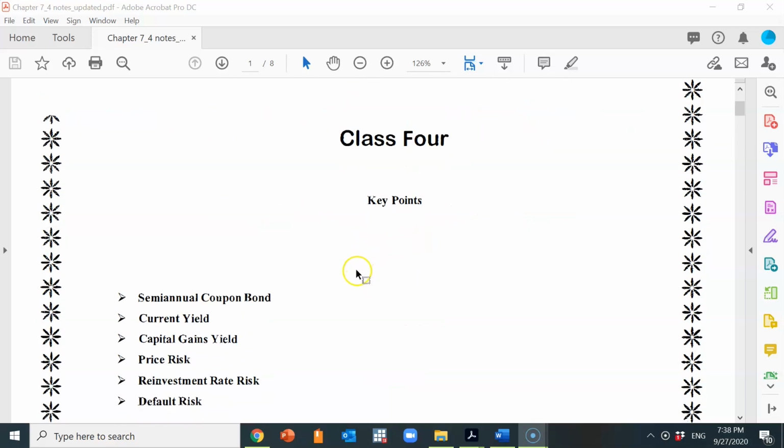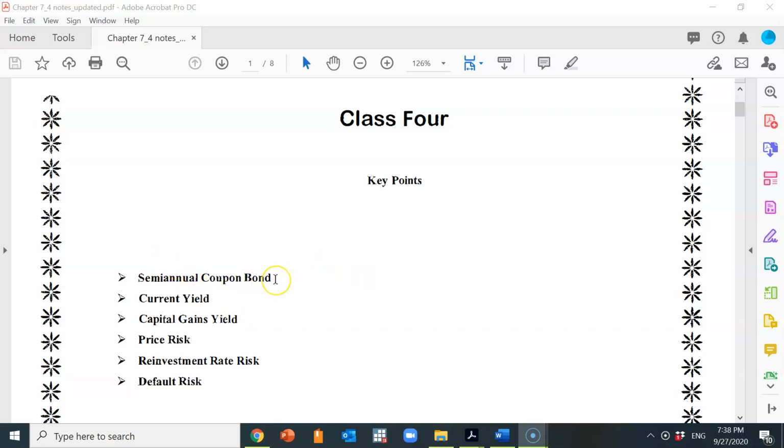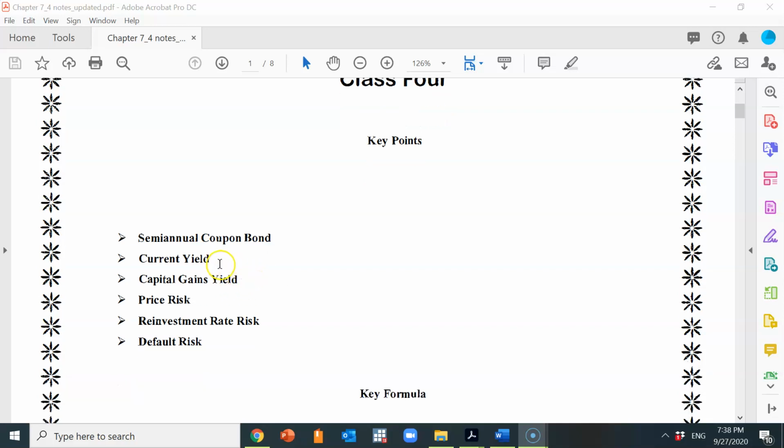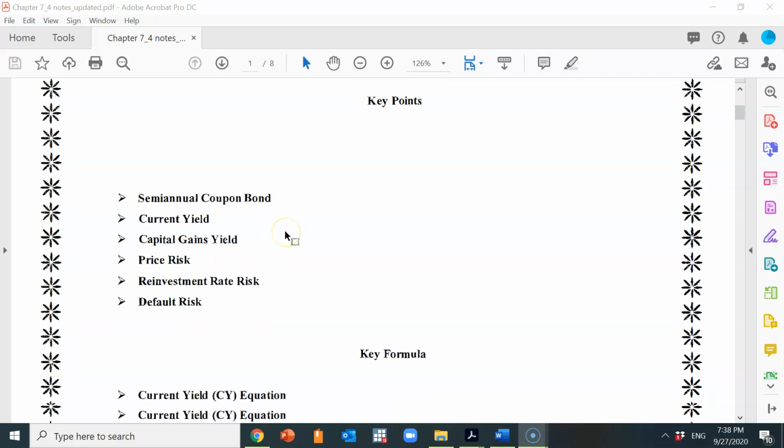In this lecture we're going to talk about semi-annual coupon bonds with semi-annual coupon payments. Then we're going to discuss the current yield and capital gains yield of a bond, and also 3 types of risk for a bond, including price risk, reinvestment rate risk, and default risk.